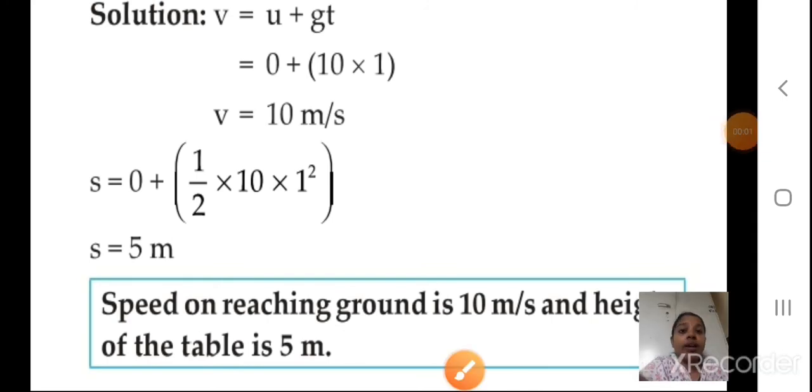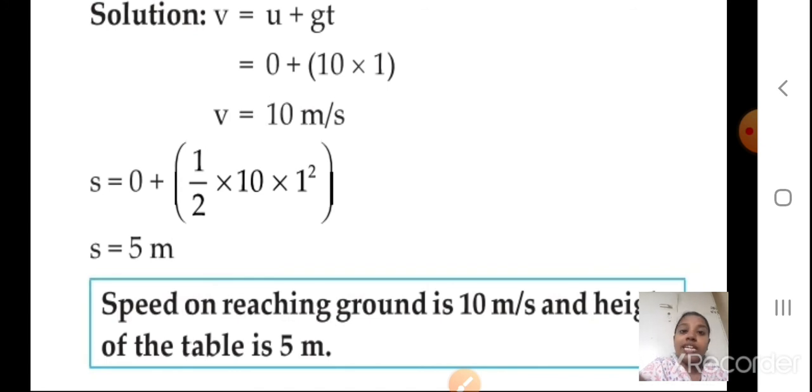I hope you remember Newton's 3 equations of motion, which are important for us to solve these sums. The first equation of Newton was v is equal to u plus at. But instead of a, what did we substitute, students? V is equal to u plus gt. The second equation of Newton was s is equal to ut plus half at square.